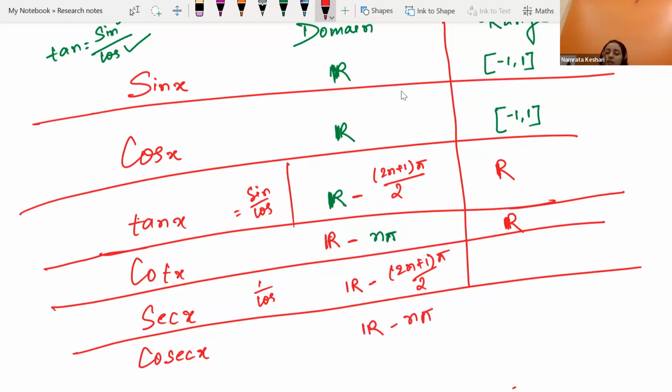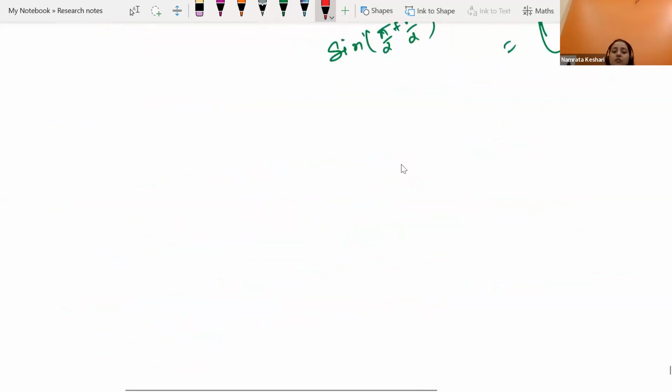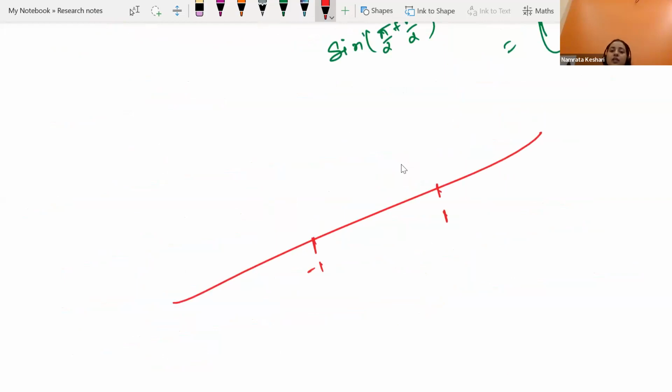Domain done. And range, what about the range of sec and cosec function? Now let me explain, Fatima, that when you take any number in between -1 to 1, you can check it in your calculator. If you take 1 by 0.5, you will get a number which is not lying between -1 to 1.